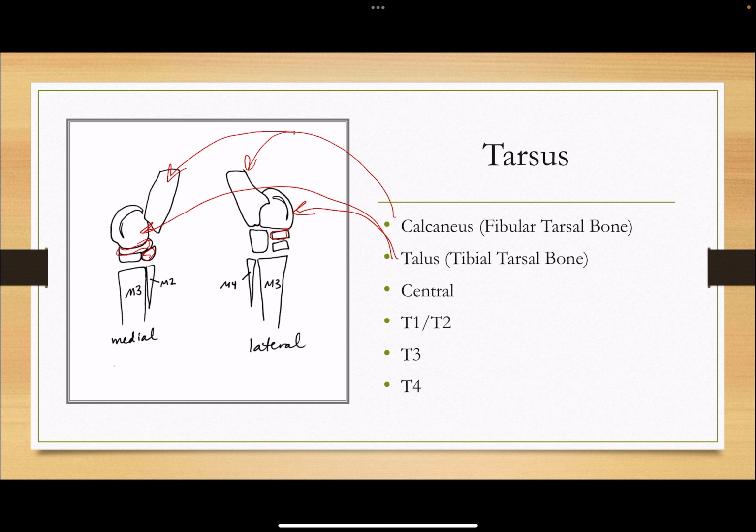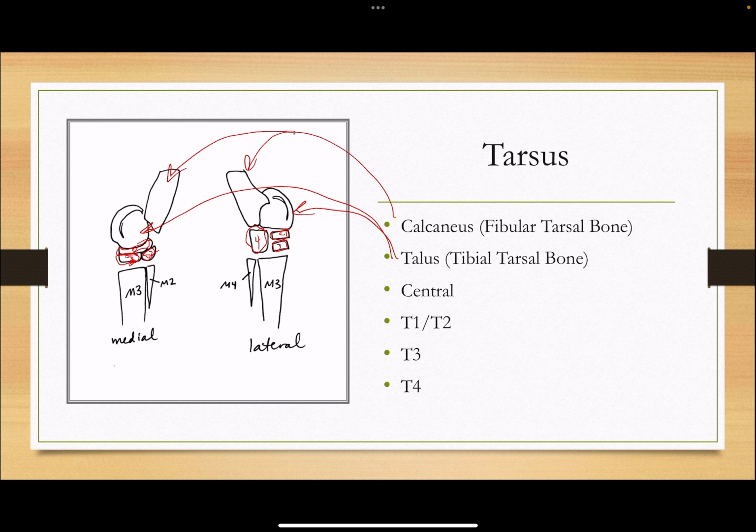And then moving laterally, we've got that third tarsal bone here. You can kind of see it on both sides. And then that big ol' fourth tarsal bone that is only on the lateral side. So this is the central. You got 1 and 2. These are both 3. This big one's 4.